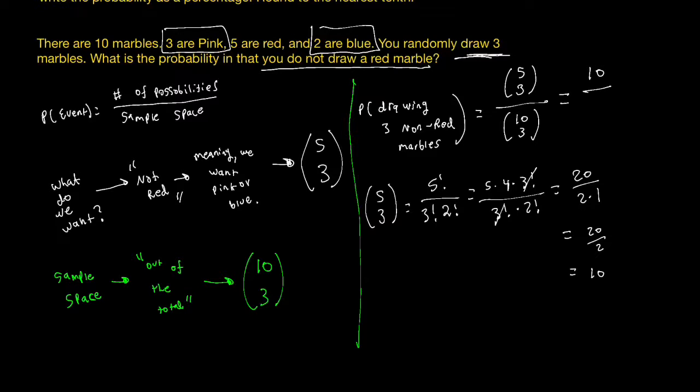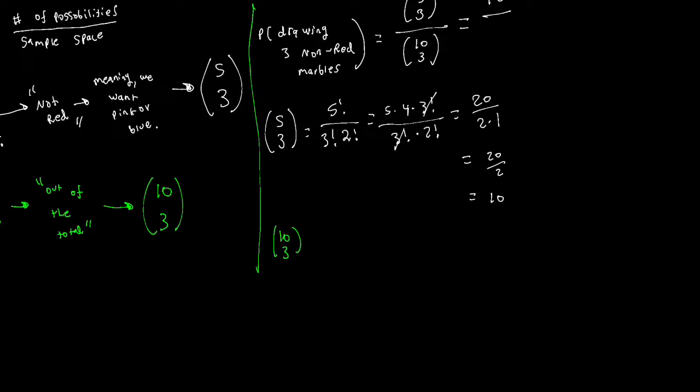Now let's calculate the denominator, which is 10 choose 3. 10 choose 3 is going to be 10 factorial over 3 factorial times 10 minus 3, which is 7 factorial. Let's expand 10 down to 7 factorial. The 7 factorials are going to cancel out.